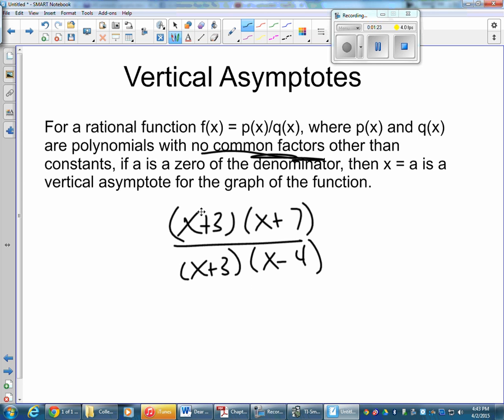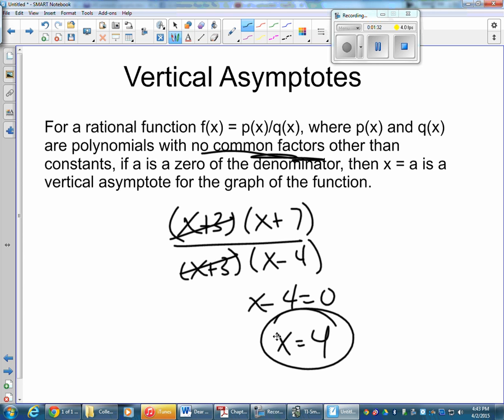Well, since the x plus 3 is on the top and the bottom, that would not be considered an asymptote. The only one I would worry about is the x minus 4. So my only vertical asymptote here is 4. -3 would not be a part of the domain, but it would not be considered an asymptote, because that would be a common factor.